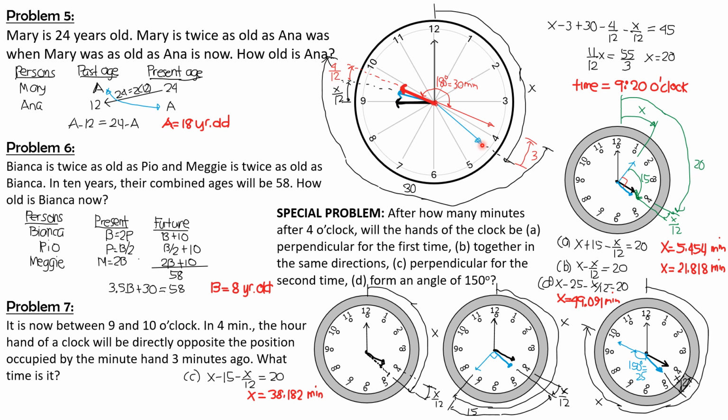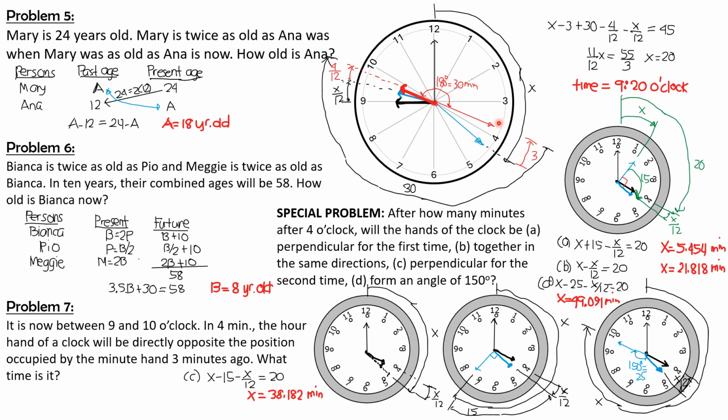While from this position, we go back 3 minutes ago. So this is the position of the minute hand 3 minutes ago. And the figure is now complete. So when the minute hand and the hour hand are opposite to each other or aligned, then the angular spacing is 180 degrees, and that corresponds to 30 minutes time.